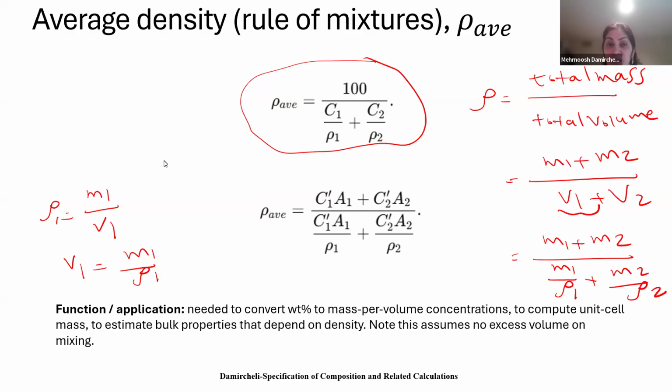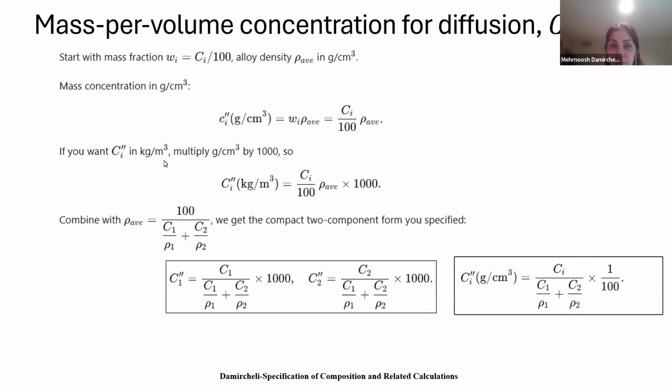It's needed to convert weight percent to mass per volume concentrations, to compute the unit cell mass, and to estimate bulk properties that depend on the density. We always need the average density for most of the calculations, so we should calculate it, the same as average atomic weight, or A average, that you saw in the previous slide.